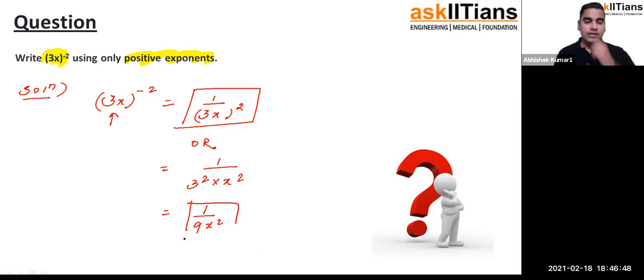So the crux of the topic that we discuss is that whenever you are asked to convert negative powers into positive powers, all you have to do is take the reciprocal of the term which is in the base. If you take the reciprocal of that term, the powers are going to become positive. That's it. All right.